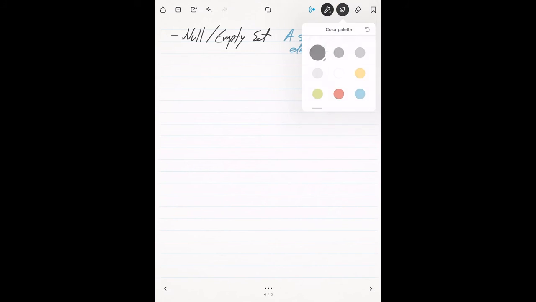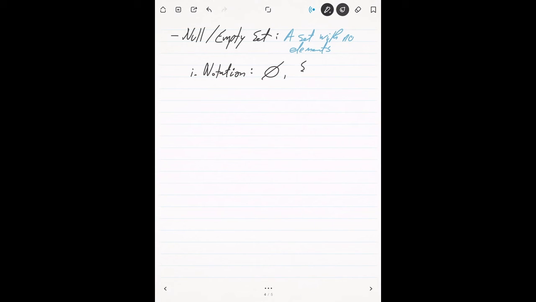So a set containing no elements is the null set or the empty set. Okay, that's the idea for this. There's nothing to it. The notation for this, let me write down notation here. We can use the symbol a 0 with a slash through it, or you can use the symbol of two curly braces with nothing in them. These both reference that you have a set containing no elements. I'm going to put a little note here because I see this quite often.